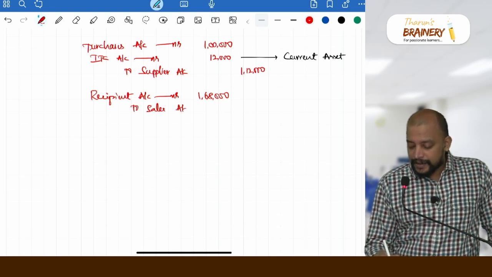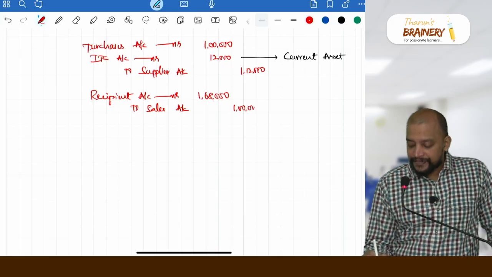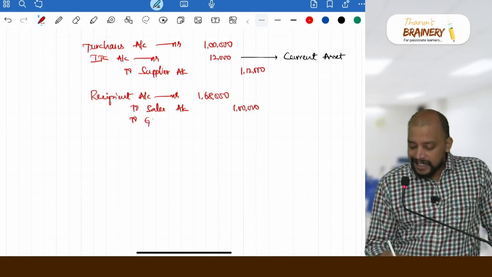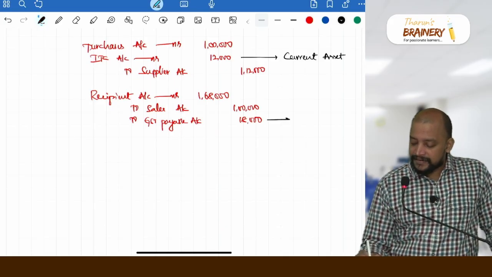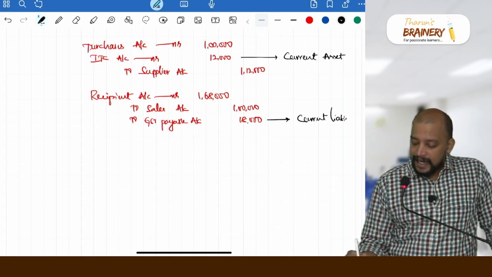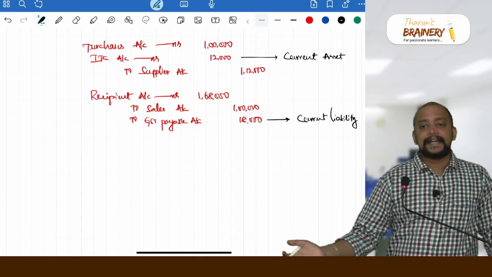To sales account will be only 1 lakh. And to GST payable account, how much? 18,000. So this GST payable is our current liability, and liability shows credit balance.